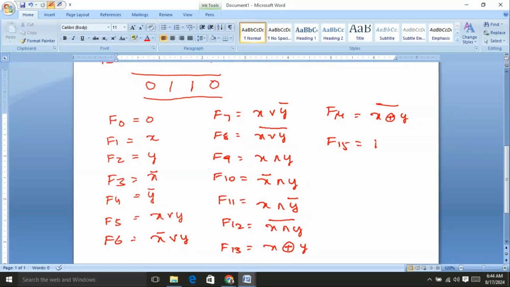So these are the 16 logical micro operations.